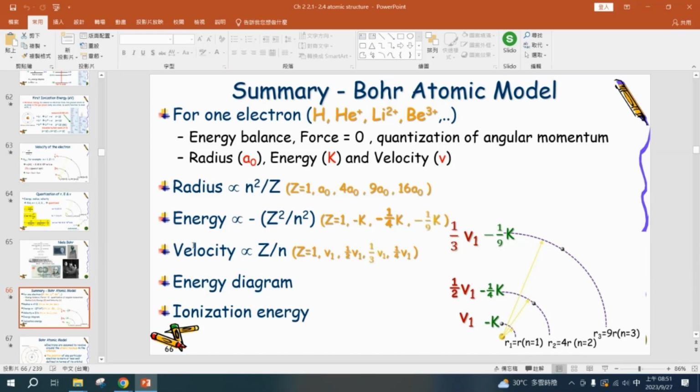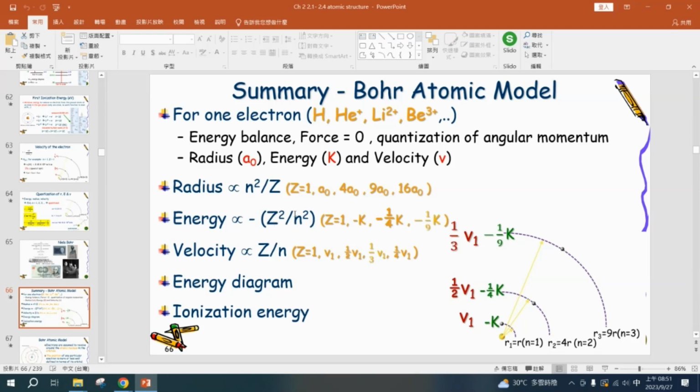And then the second one, energy is proportional to minus Z to the power 2 divided by n to the power 2. Again, if we increase Z, the energy magnitude will increase, regardless of this minus. Of course, if you think of this minus, increase Z, energy will decrease by power of 2, right?